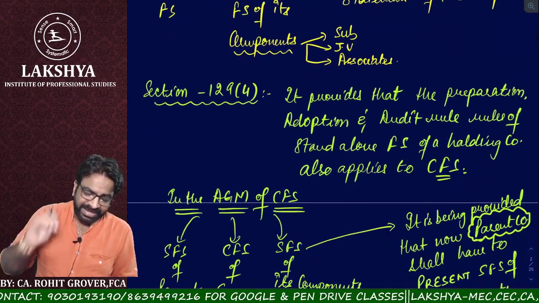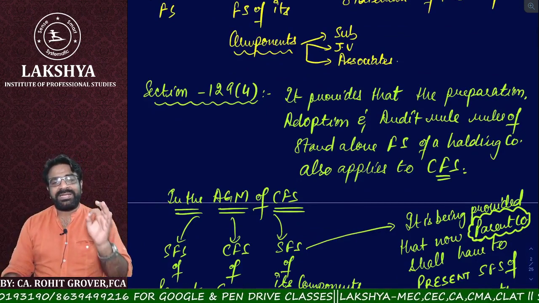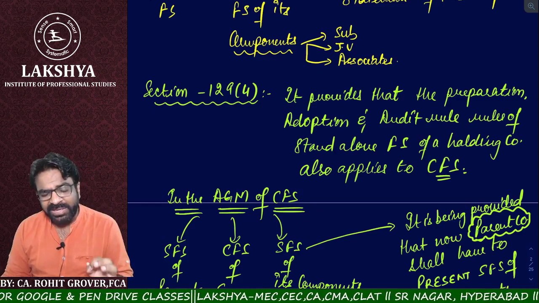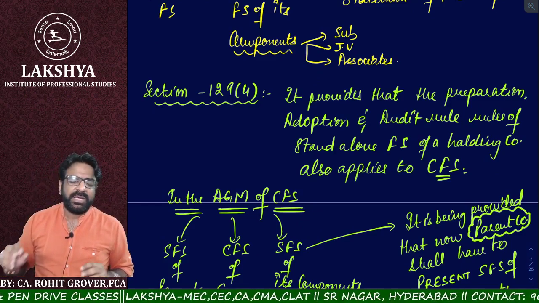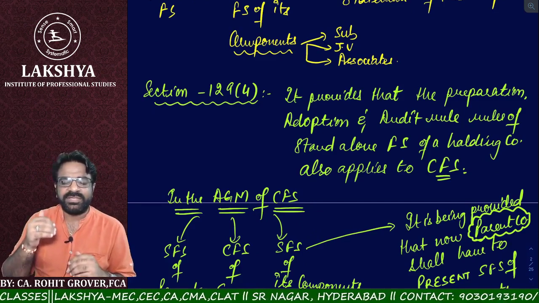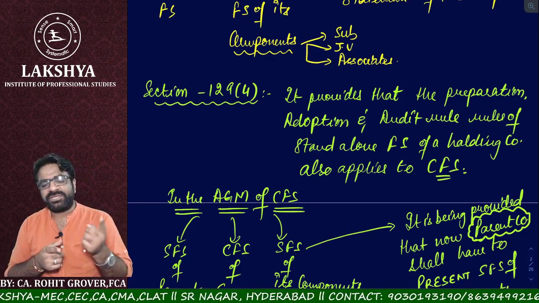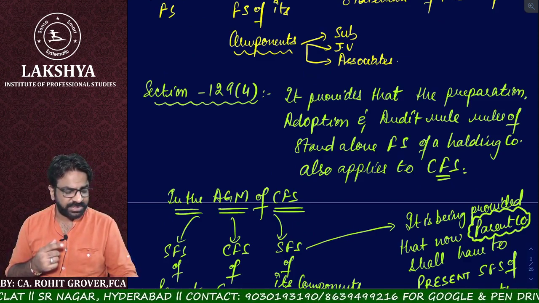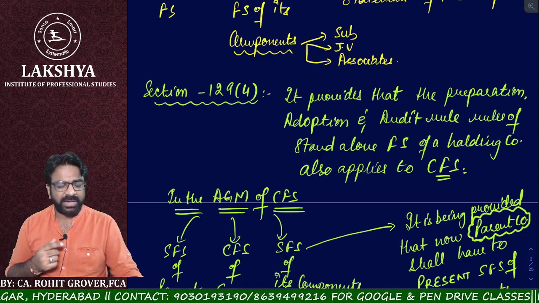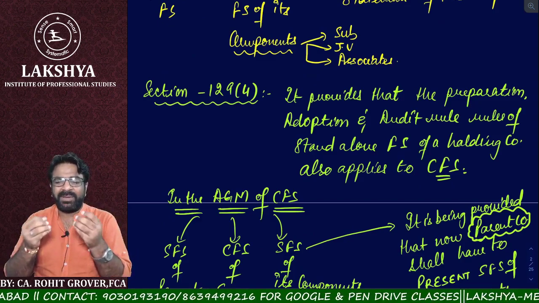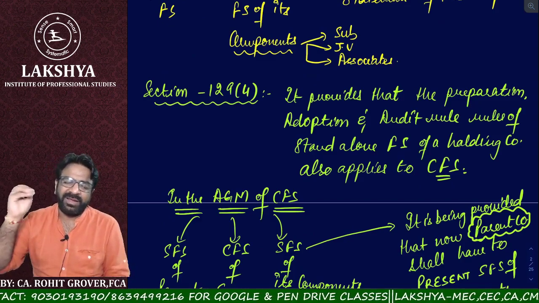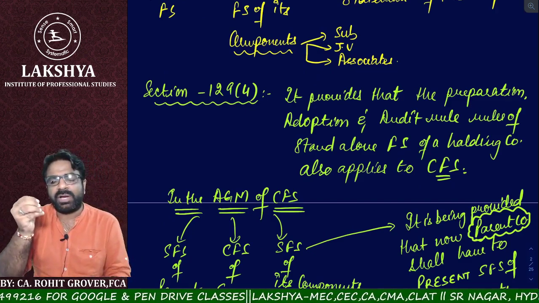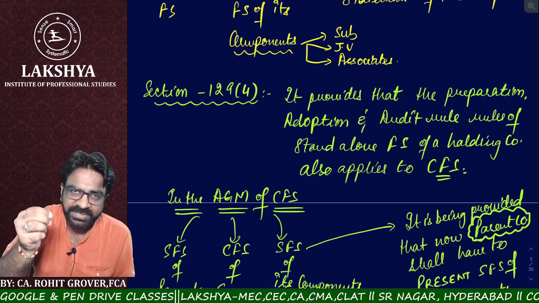Now, the next section is section number 129 subsection 4. What does it talk about? It says that whatever the provisions, rules, and regulations which are applicable on preparation of standalone financial statements of a parent company are equally applicable to consolidated financial statements as well.